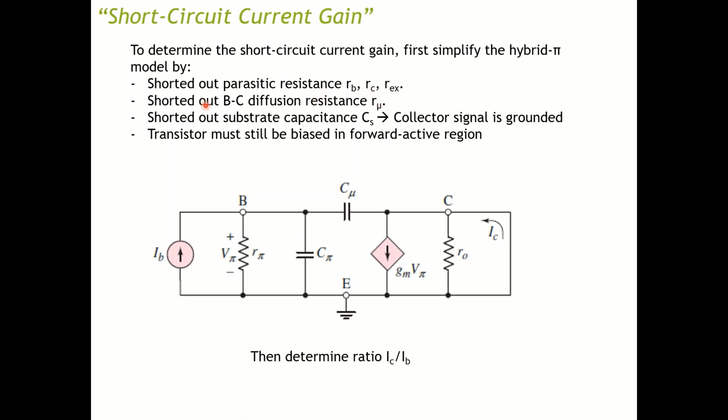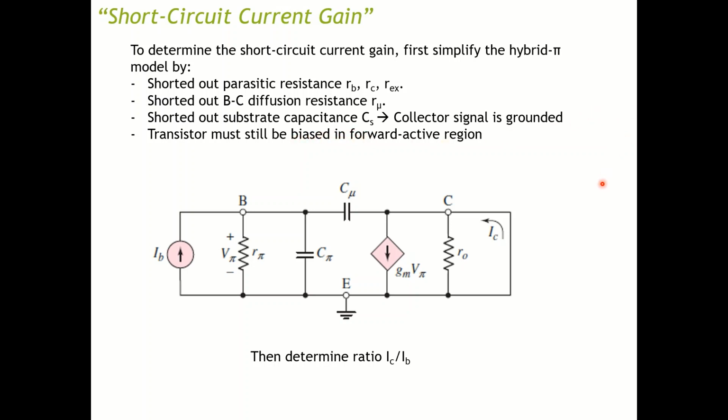Then you short out the BC diffusion resistance, R mu, and short out the substrate capacitance, because if you do this, you will effectively ground the collector signal. And finally, you must assume that the transistor is still biased in the forward active region.